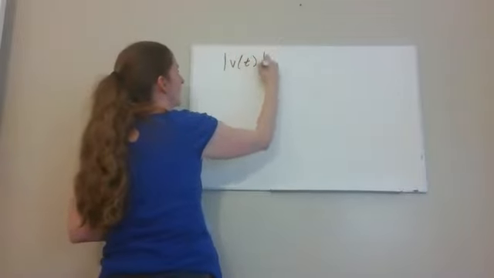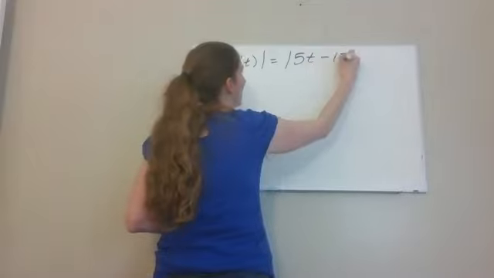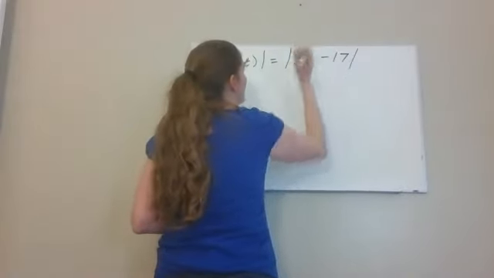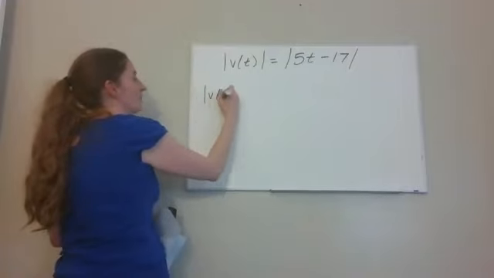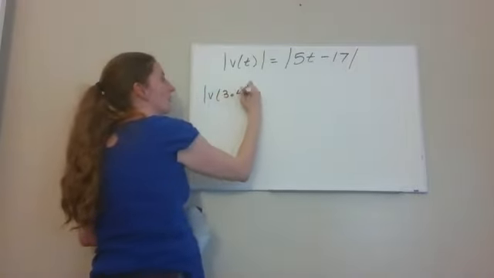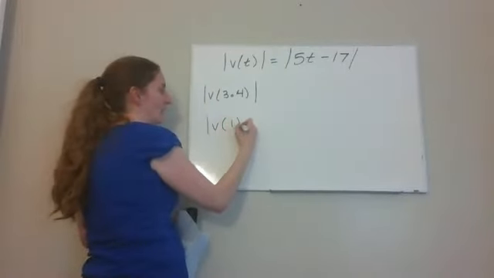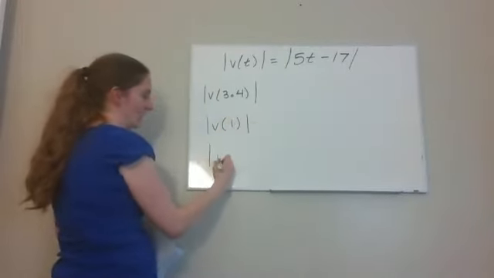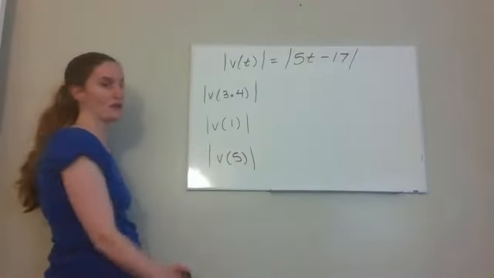Our speed is the absolute value of velocity, so that's absolute value of 5t minus 17. I need to check my speed at my critical value, my speed at my left endpoint, and my speed at my right endpoint to see what we have.